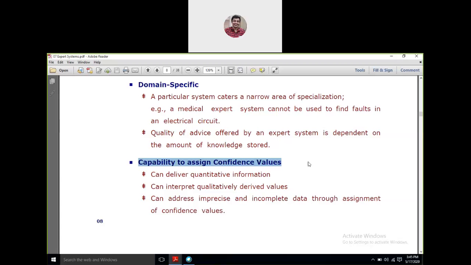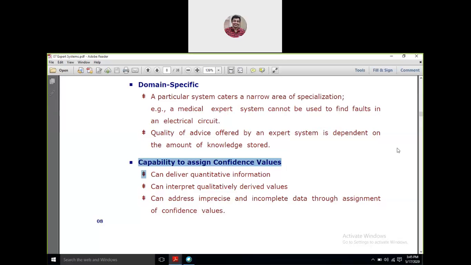Now it should also have the capability to assign confidence values. This is a very important thing, right? What does this mean? It can deliver quantitative information and it can interpret qualitatively derived values. What I mean is, let's say I have certain parameters on the basis of which a decision is to be made by an expert system. Somebody is having cough, cold, flu, a running nose, and high fever.